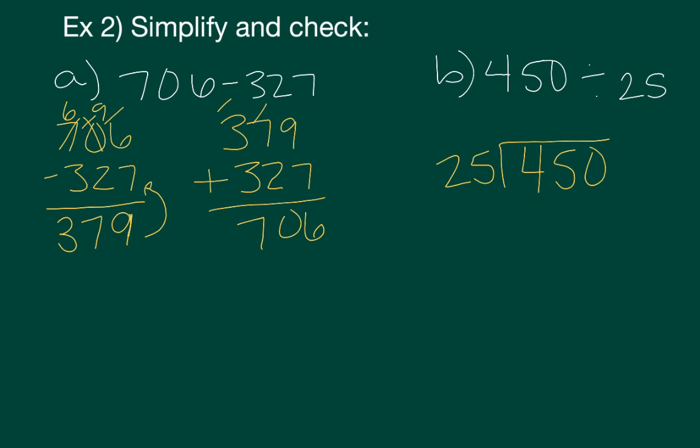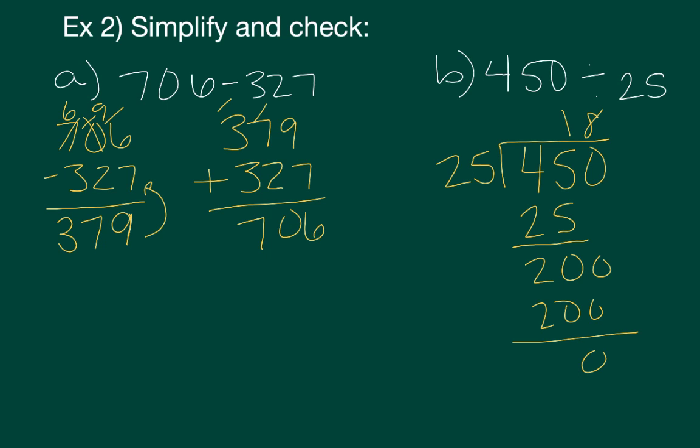All right, I'm going to divide this. 25 goes into 450 one time. 1 times 25 is 25. Bring down the 0. 25 goes into 200 8 times. 200 minus 200 is 0.